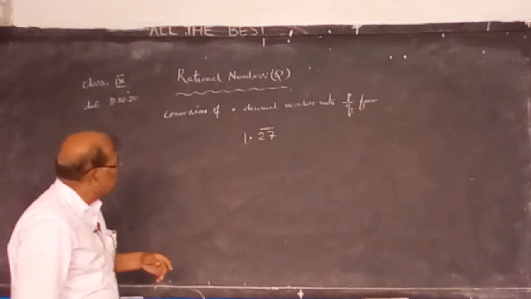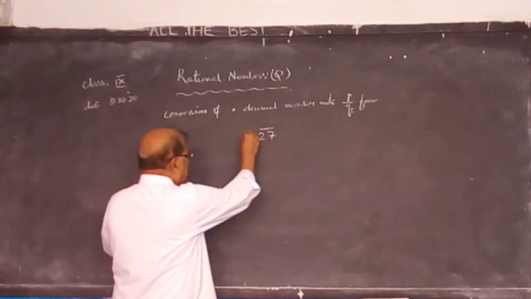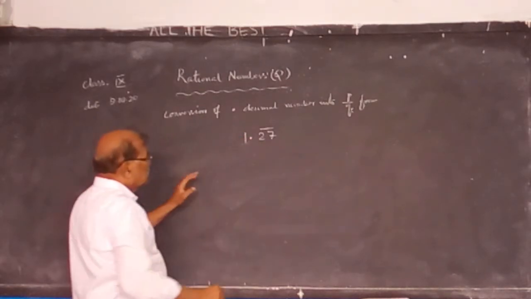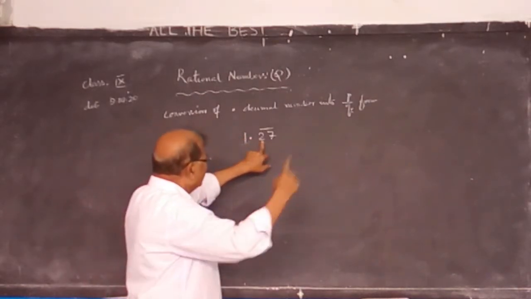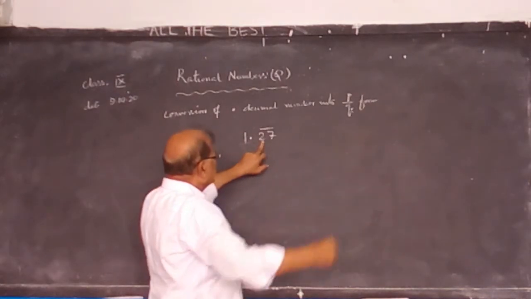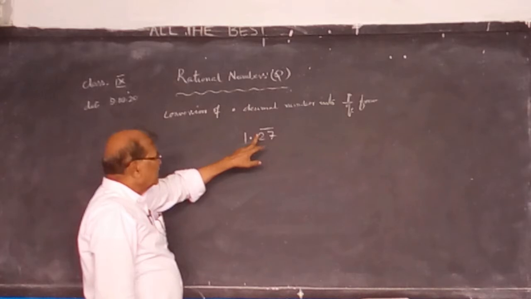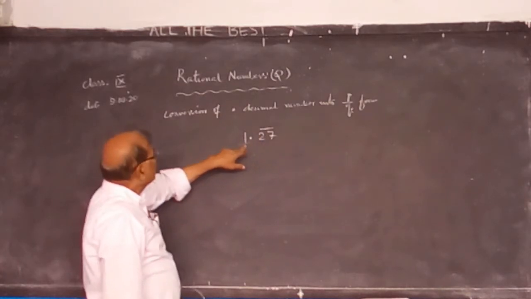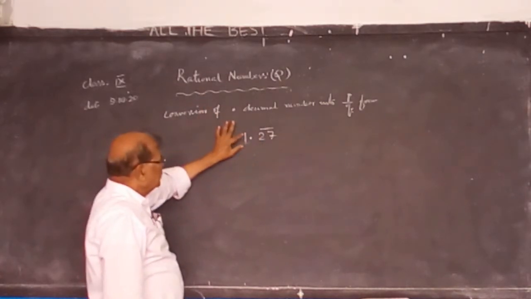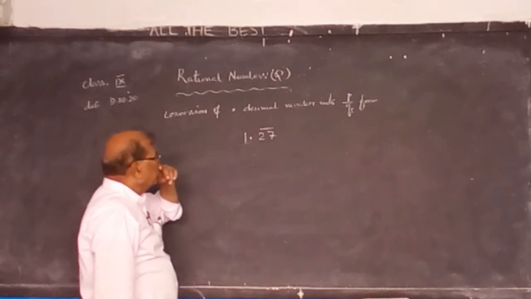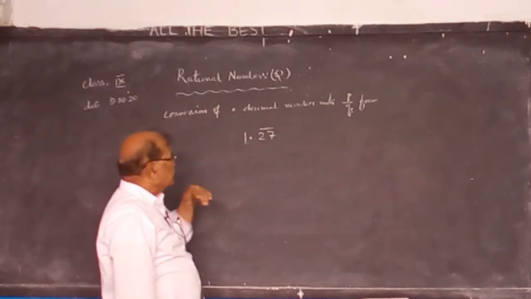This is the decimal form, and this is recurring up to infinity. So this is a non-terminating and recurring decimal according to real numbers, so it's a rational number. How do you convert this?